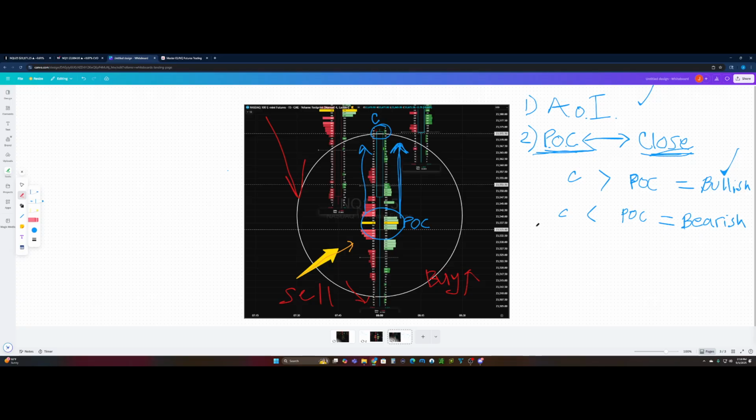So now what? Now, I'm going to put a little asterisk on number 3 because this part only adds confluence to this specific strategy. I've seen things happen where it doesn't necessarily need to happen, but I feel it just helps it.